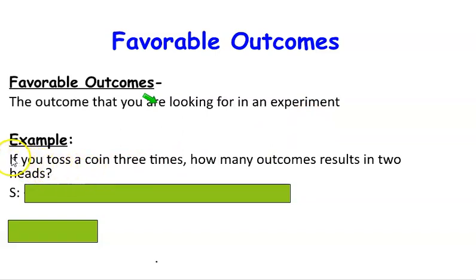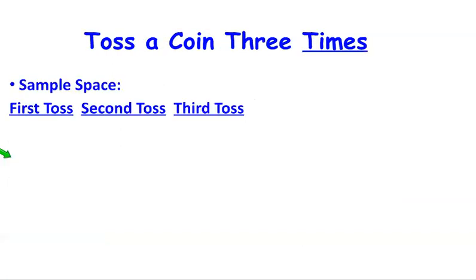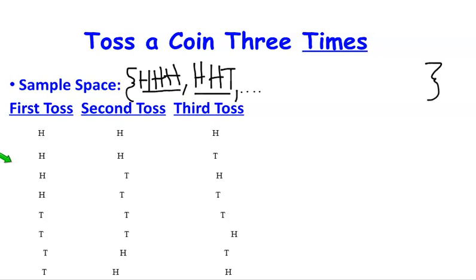For example, if you toss a coin 3 times, how many outcomes result in 2 heads? To answer that question, you have to be able to list the sample space. Okay? And that's exactly what we did right here.